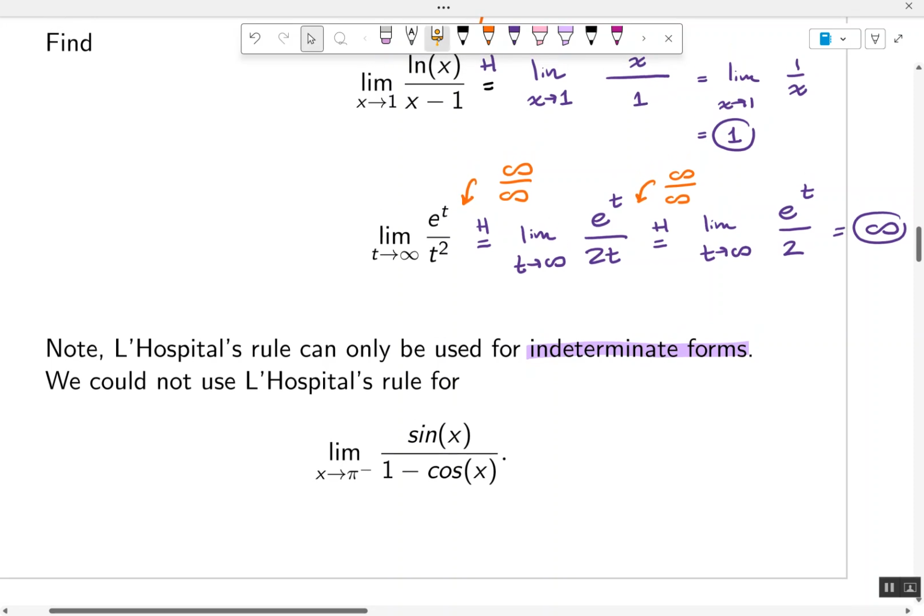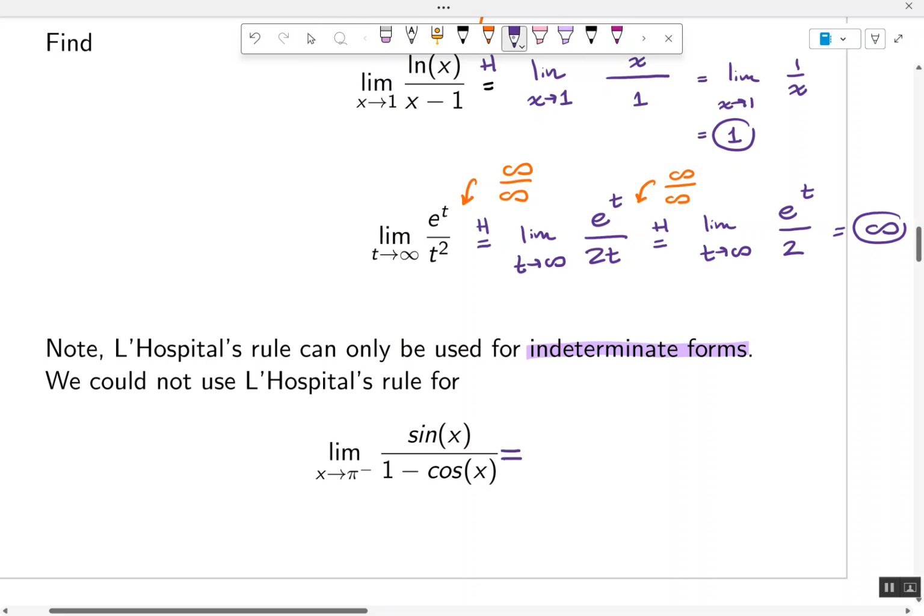So in this case, as x approaches pi from the left, sine of pi is 0, and on the bottom we have cosine of pi is -1, so 1 minus... sorry, I think it'll make more sense if we just write the numbers down as I'm speaking.